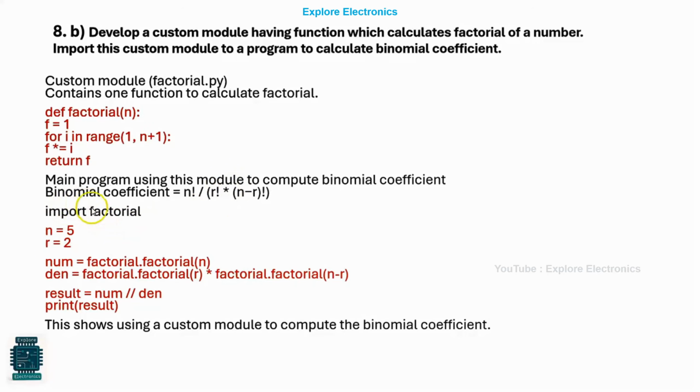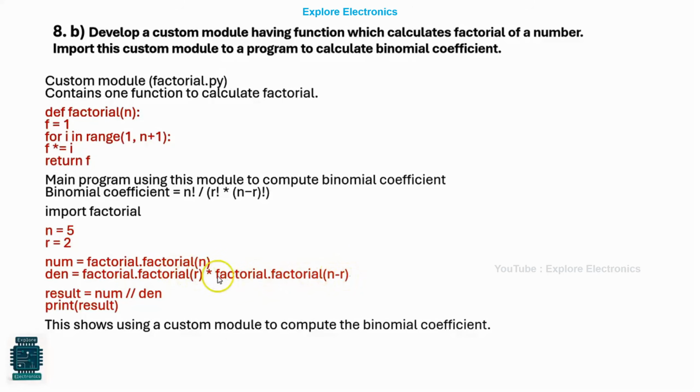Let us understand the input. N is equal to 5 and r is equal to 2, which means initialize the variables n and r with the values 5 and 2. After that, number is equal to factorial dot factorial of n, which calculates the factorial of n and stores it in the variable number. Denominator is equal to factorial dot factorial of r into factorial dot factorial of n minus r.